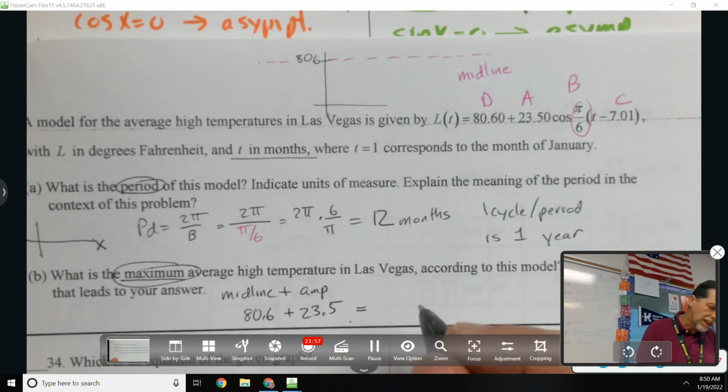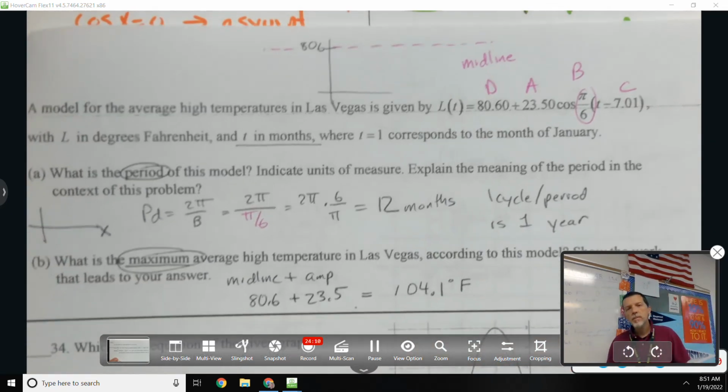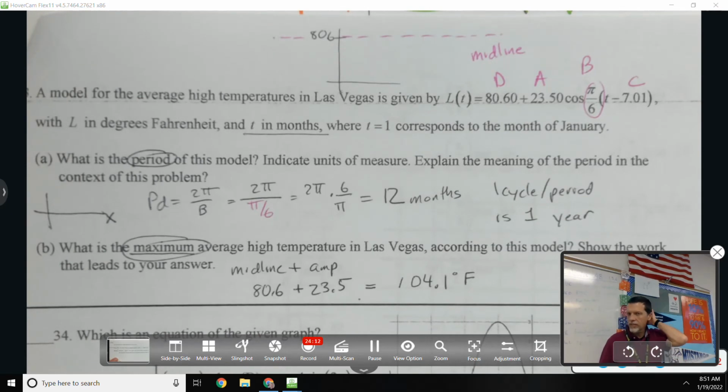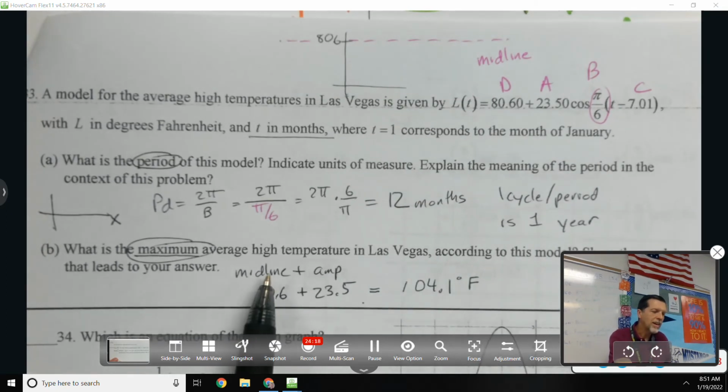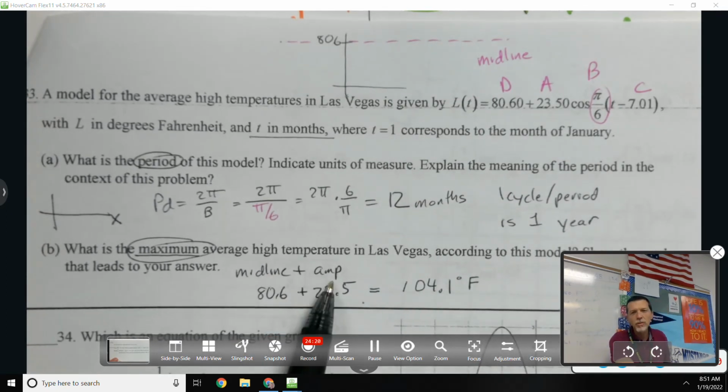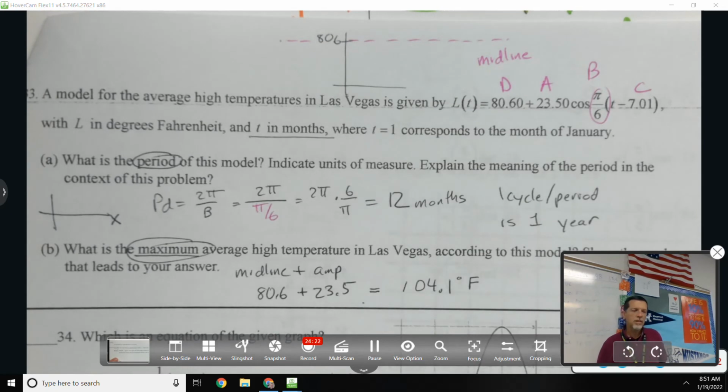So whatever that is, 104.1, I think, is the maximum that the graph gets to. Show the work that leads to your answer. Well, the work is I added the average midline to the amplitude to get me to the maximum.